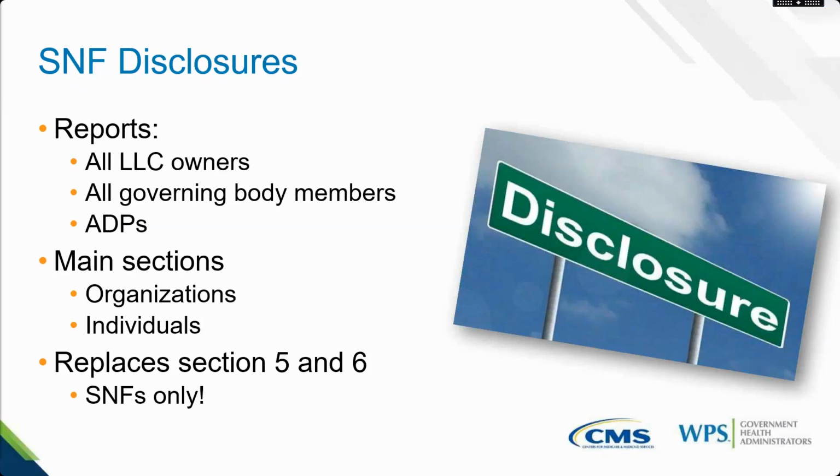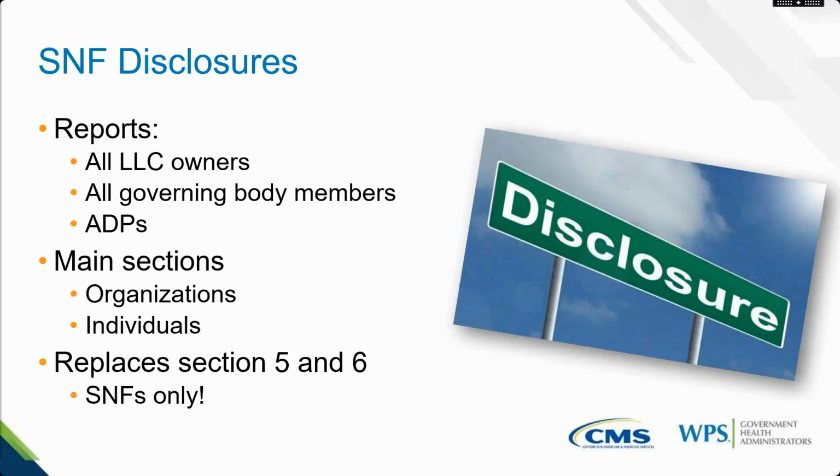The first question comes from Dee Dee, and she says, for a SNF change of ownership, or a CHOW, how can we already know those vendors who could potentially be the ADPs for the initial enrollment?